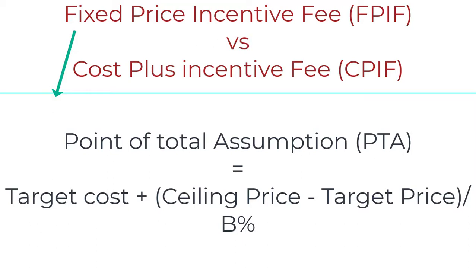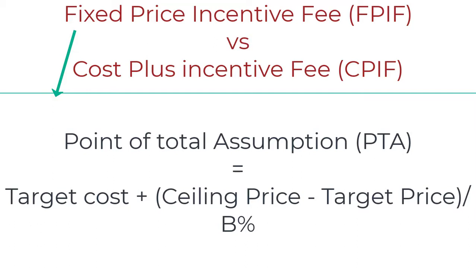For example, remember the target price is always less than the ceiling price, so there will be a positive number, and this positive number is divided by a percentage, the buyer's share. The buyer's share is the first term, since B comes first of the two terms, buyer and seller. So this difference is divided by the buyer's share.